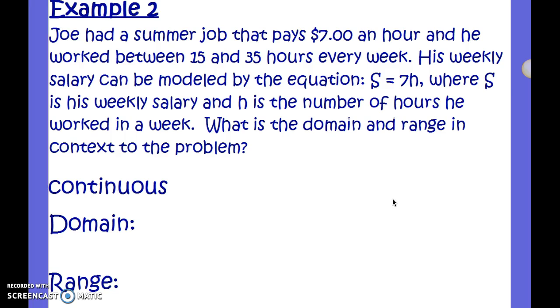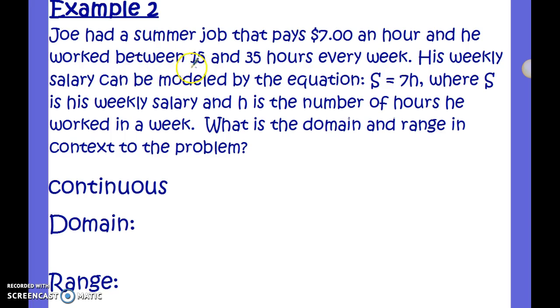Since this is continuous data, we are going to use our inequality notation, or our sandwich inequality, to write our domain and our range. So I'm going to go back to my problem and look to see what information it gives me about my X value, or my H value in this case. It said Joe has a summer job that pays $7 an hour and he worked between 15 and 35 hours every week. H is my X value.